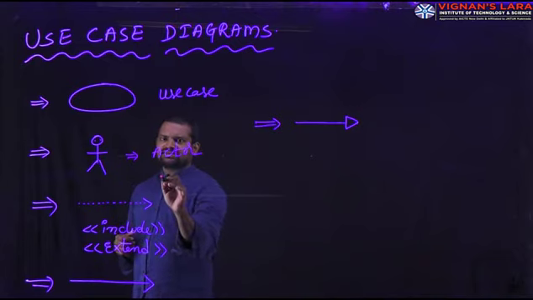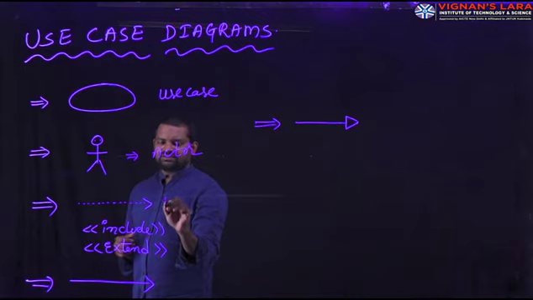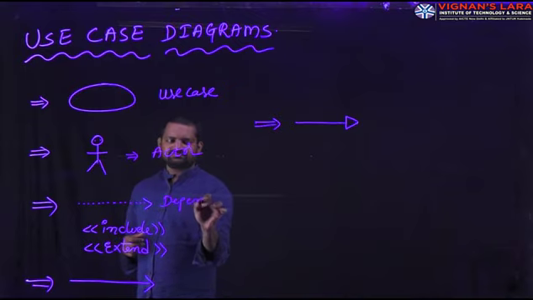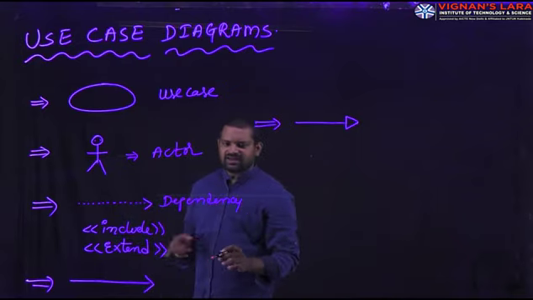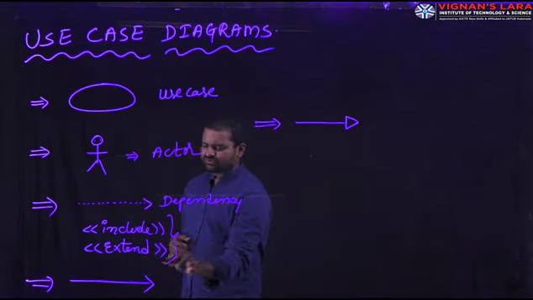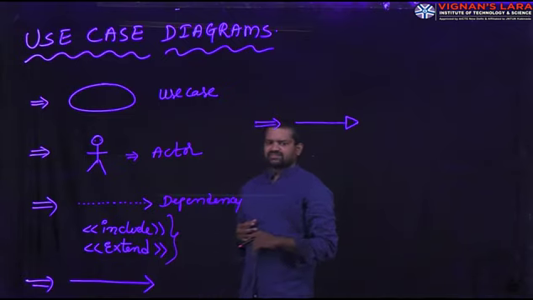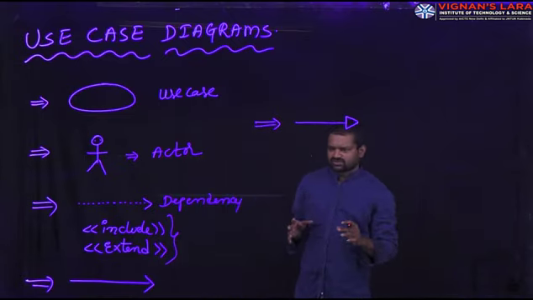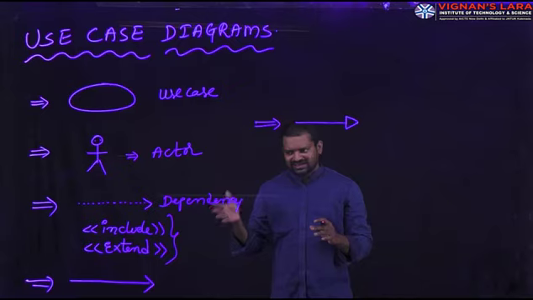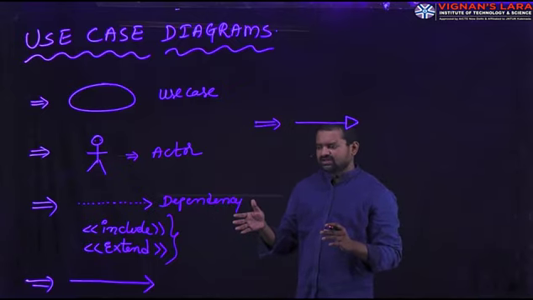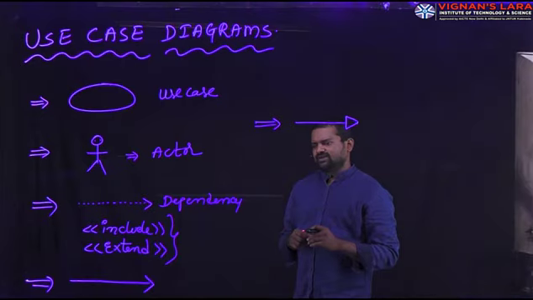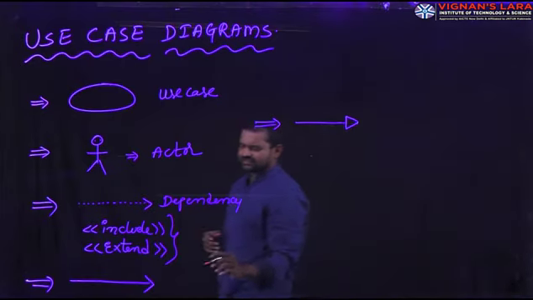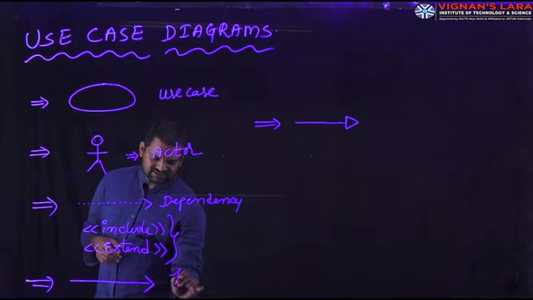This is dependency. In the dependency we have to use two adornments, that is stereotypes. What are the two stereotypes? Include and extend, both are used in the dependency, and also the link.